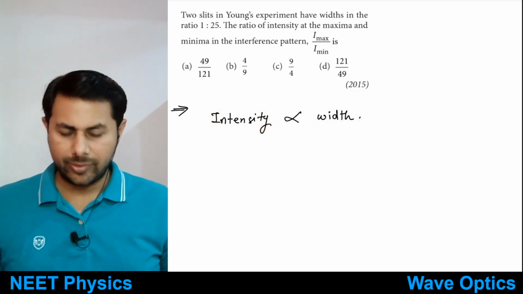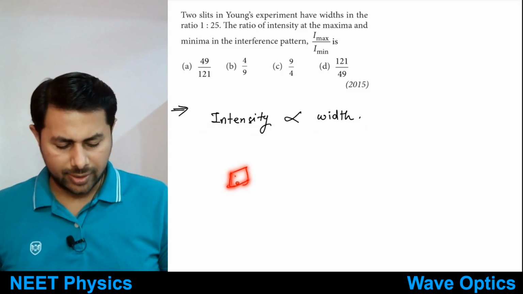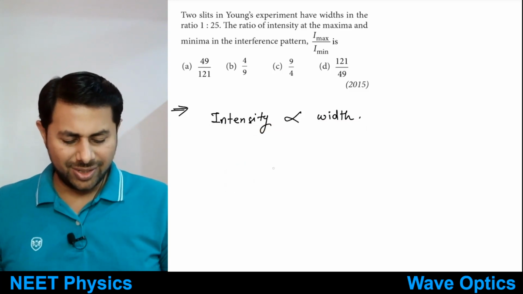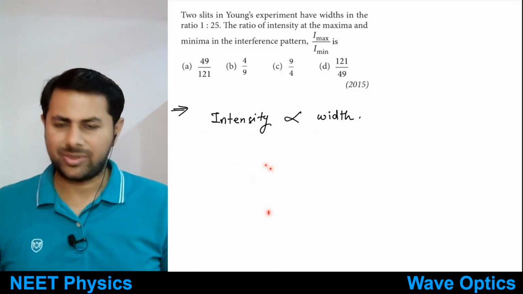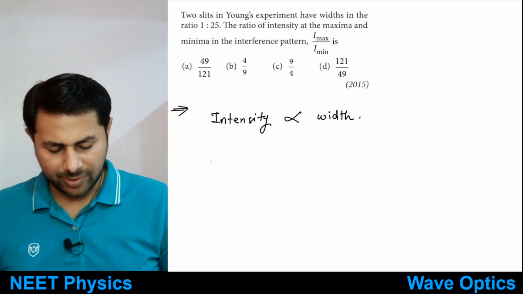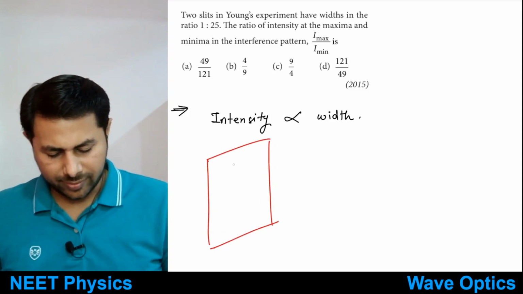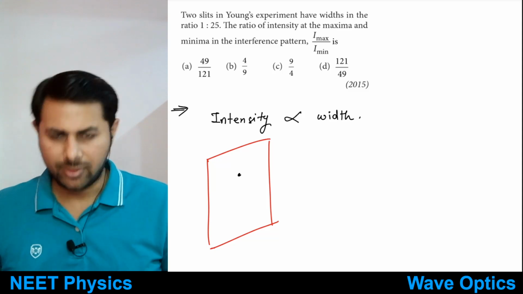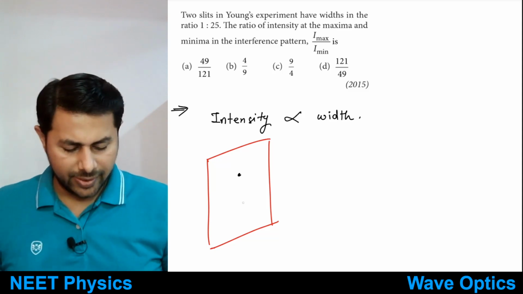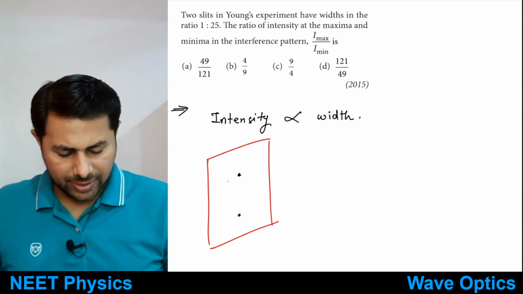How? Because see, width is more means, suppose ideally they should be point sources. Ideally the two sources in Young's double slit experiment have to be point sources, or very narrow slits. But then you can imagine it this way.